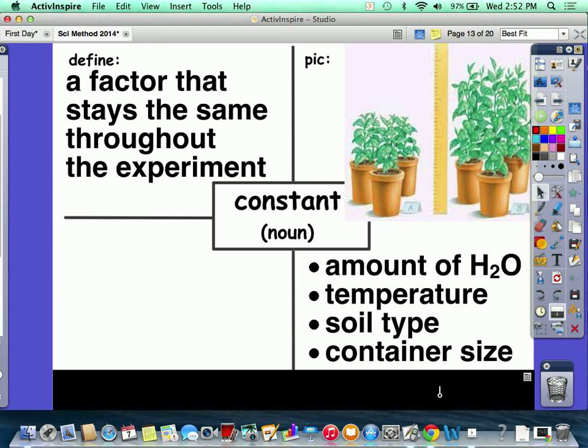Okay, great. Then take your 4-column page and flip it over to the back. We're going to do one more experiment. We're going to apply those 4 terms to another experiment. But this time we're going to come up with our own.